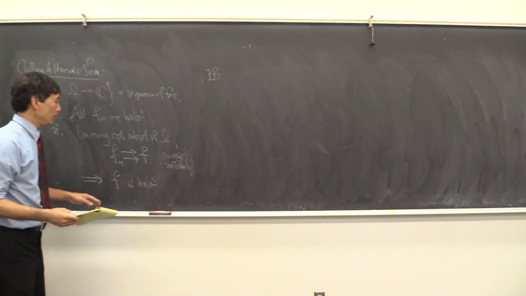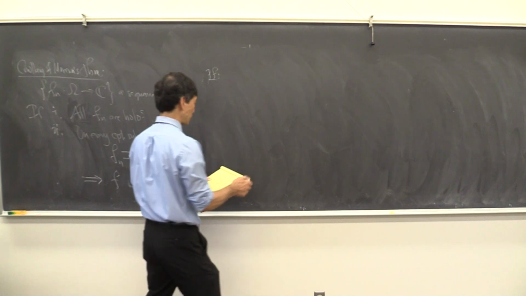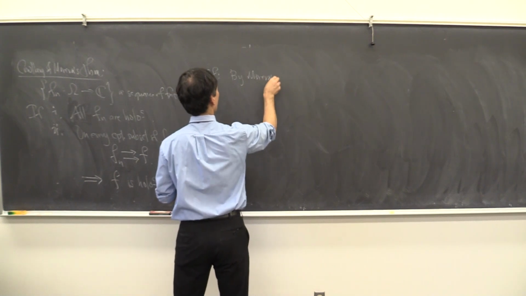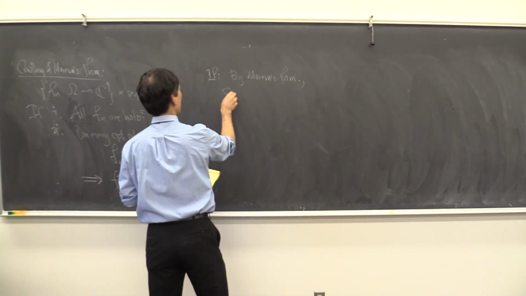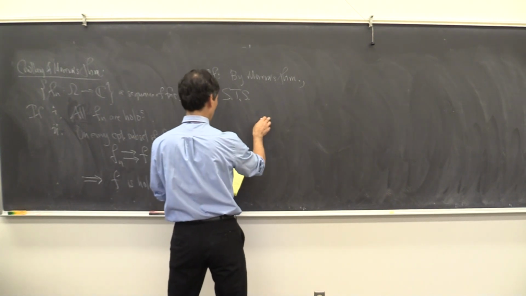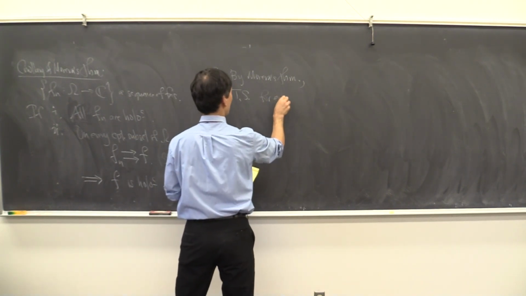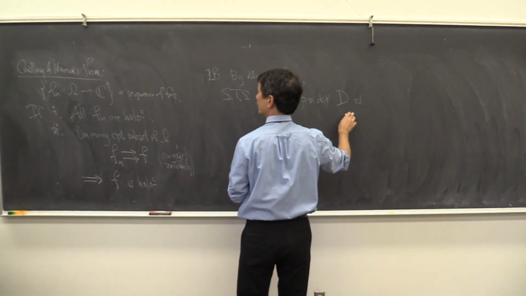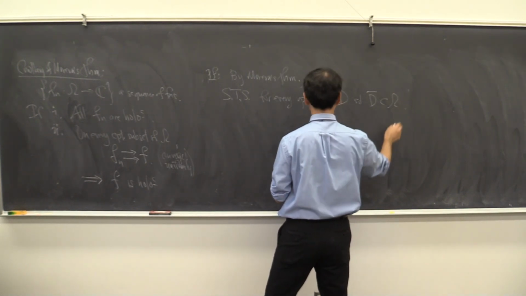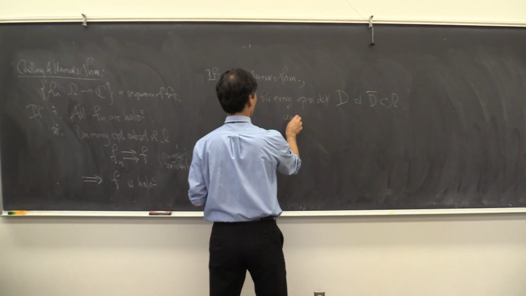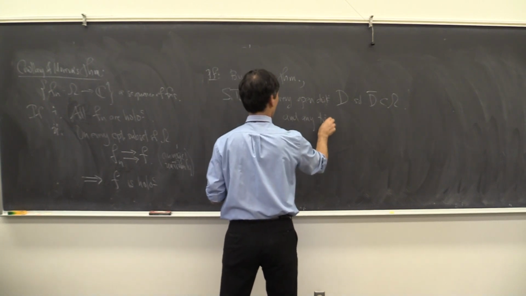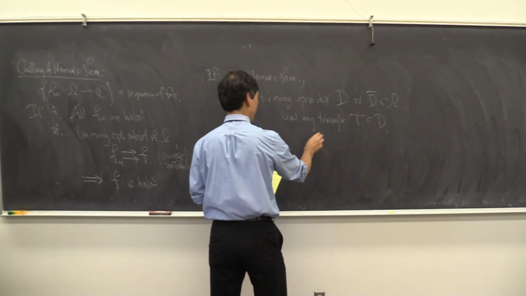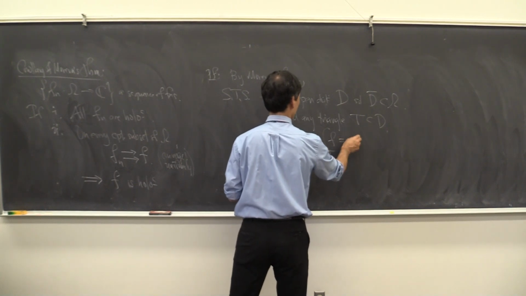So by Morera's theorem, it suffices to show that for every open disk D such that D bar is contained in omega, and any triangle T contained in D, we have the integral of f over T is 0.